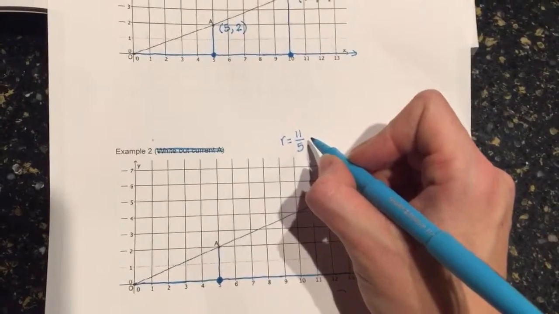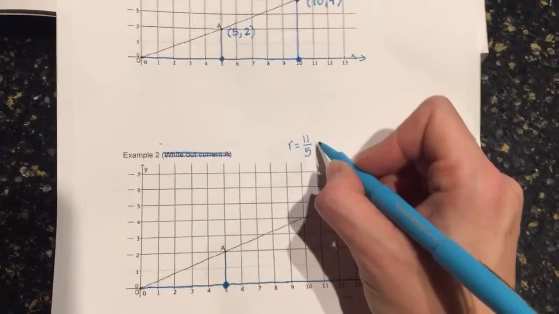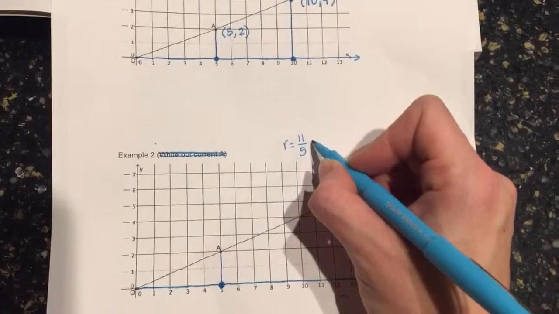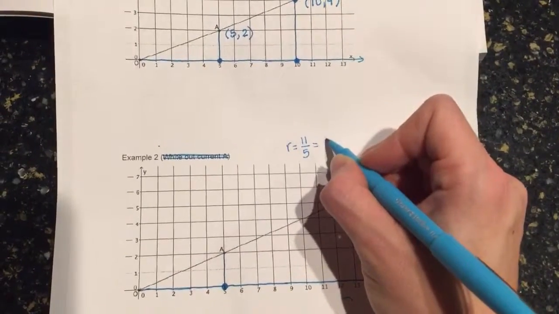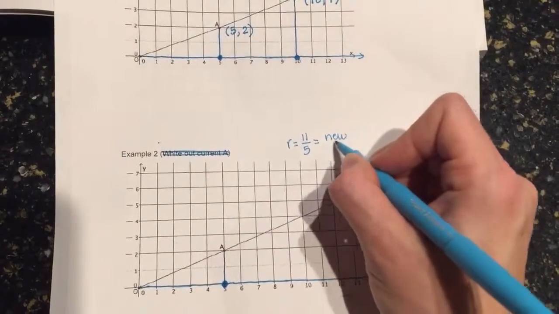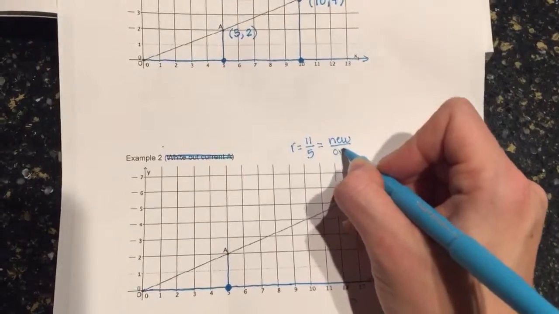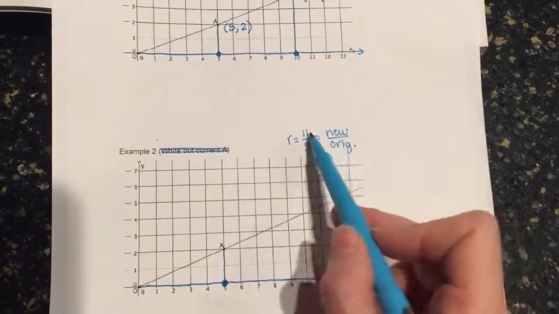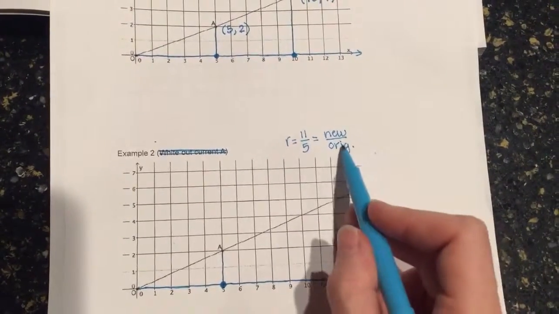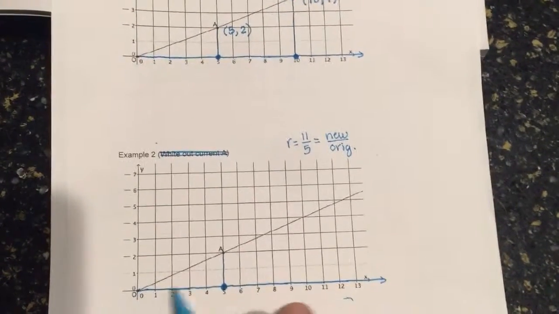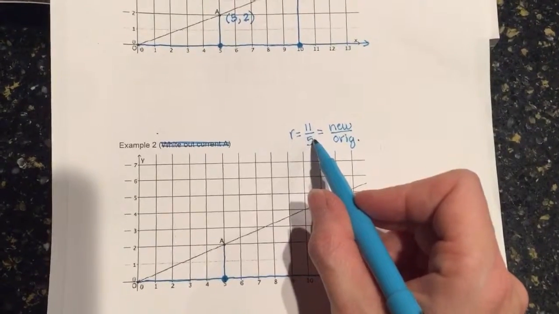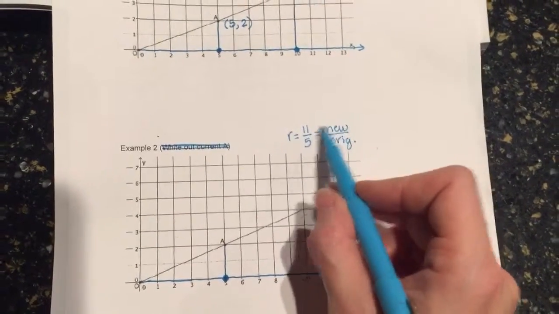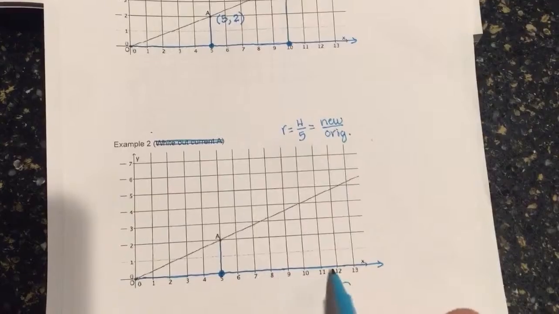When we're only given measurements of 2 items, we take our new image and put it over our original. Our original image is 5 spaces long, so our new image is going to be 11 spaces long.